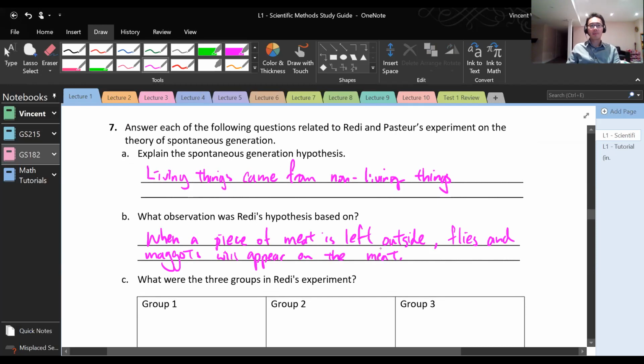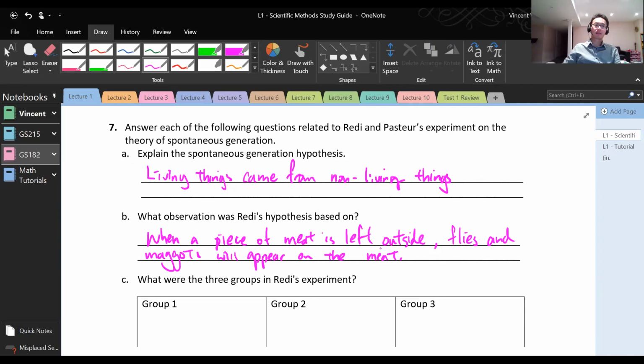If I didn't know any better, and I leave a piece of meat outside, and then I come back 2 weeks later and see maggots and flies buzzing around, I'm like, oh, maggots and flies, they must have spawned from the meat. So that is the essence of spontaneous generation.